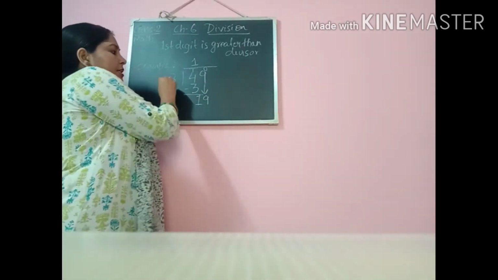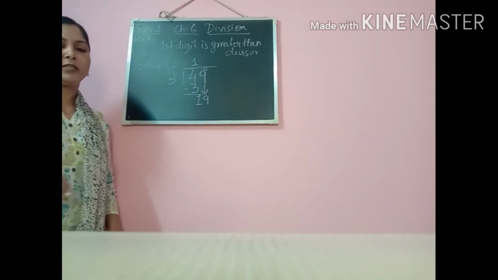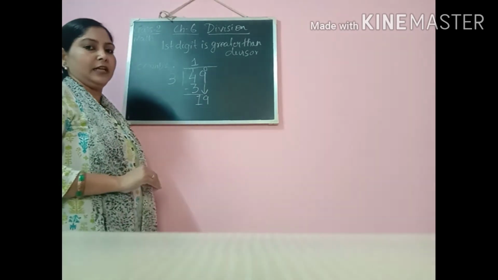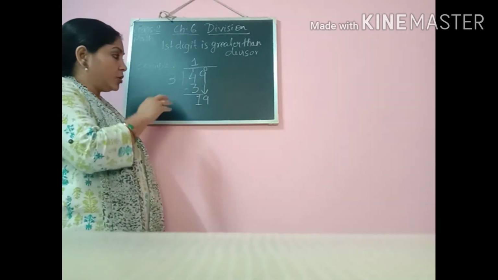Now again we have to read the table of 3 till we get 19. And if you know the table of 3, we don't get 19, but we have to think of an appropriate number which is closer to 19.